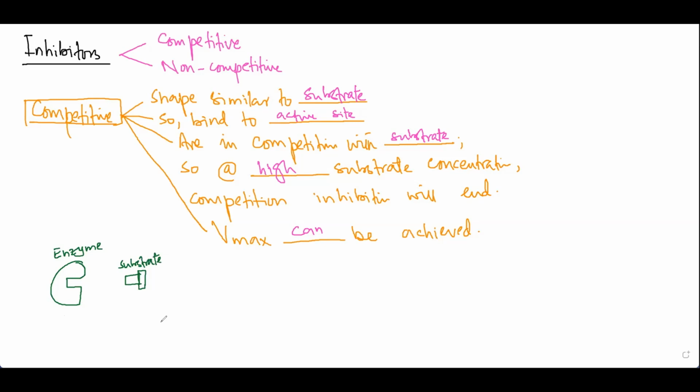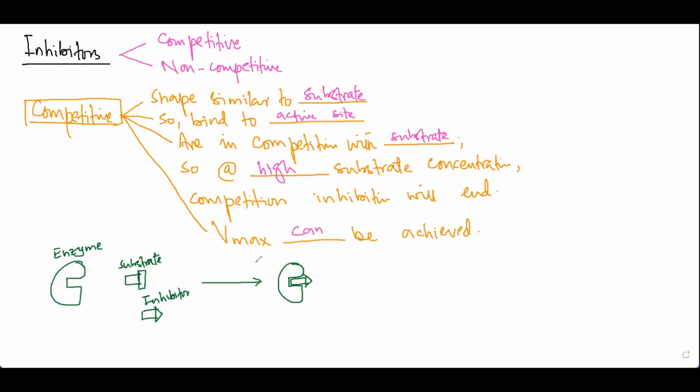But there's an inhibitor which also matches its size, this is the inhibitor, for example. So basically, inhibition occurs when the inhibitor binds to the active site. For example, this is the enzyme. So rather than substrate, the inhibitor could bind here, because its shape is similar.